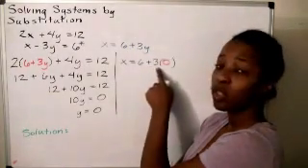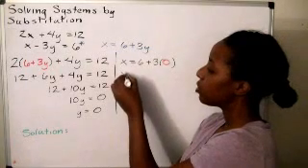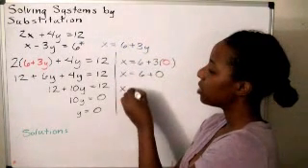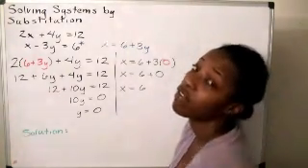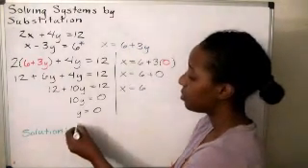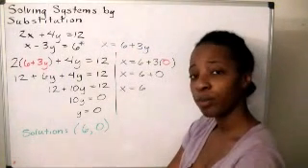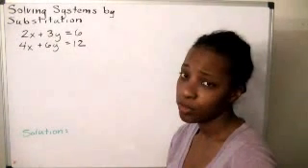So we got 6 plus 3 times 0. 3 times 0 is just 0. So that means x just equals 6. So what's our final solution? 6, 0.